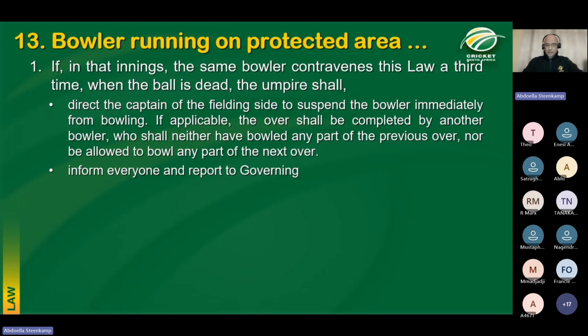So now match situation dictates me. I now need to be much stricter in handling bowlers going into that protected area. Because if Kagiso goes in there, scuffing up that protected area, it will be an advantage to the South African spinners. So now I will be much stricter in how I govern bowlers going in.